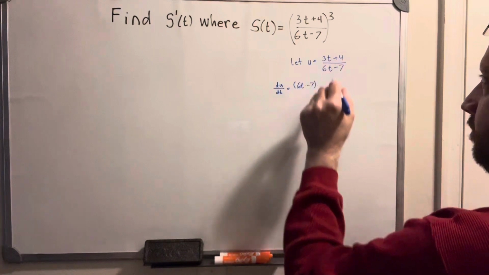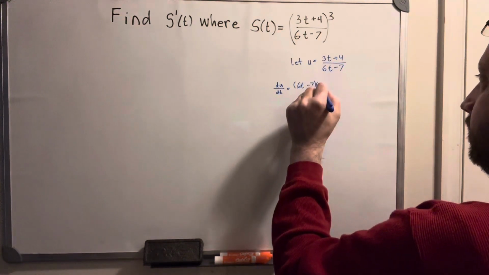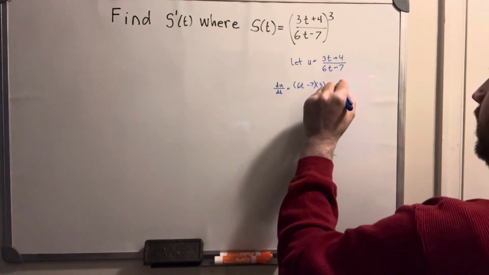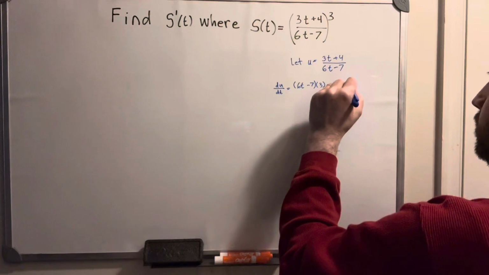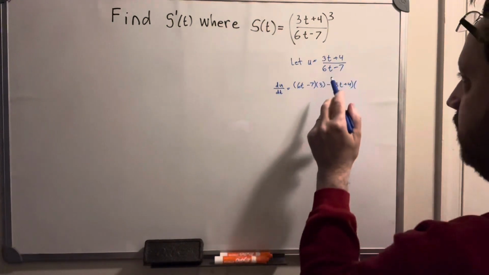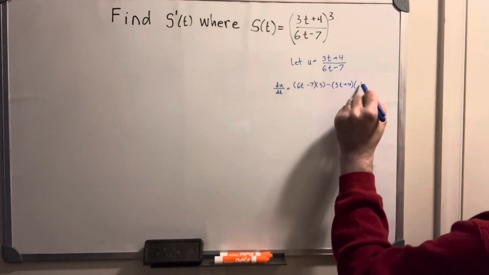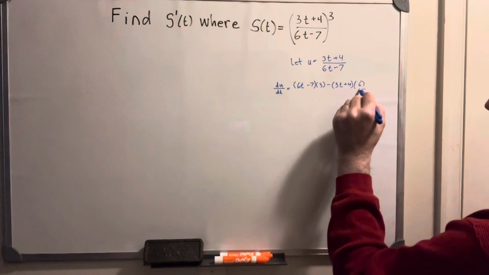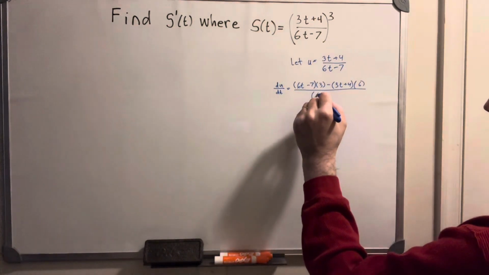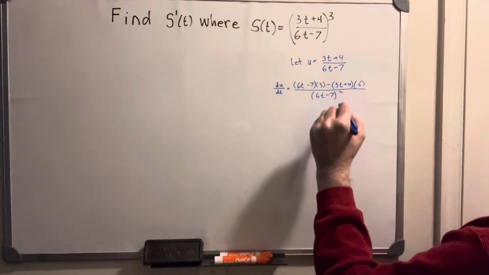What's the derivative of 3t plus 4? It's just 3, right? Minus the high, 3t plus 4, times the derivative of the low. What's the derivative of 6t minus 7? It's just 6, all over the denominator squared, 6t minus 7 squared.